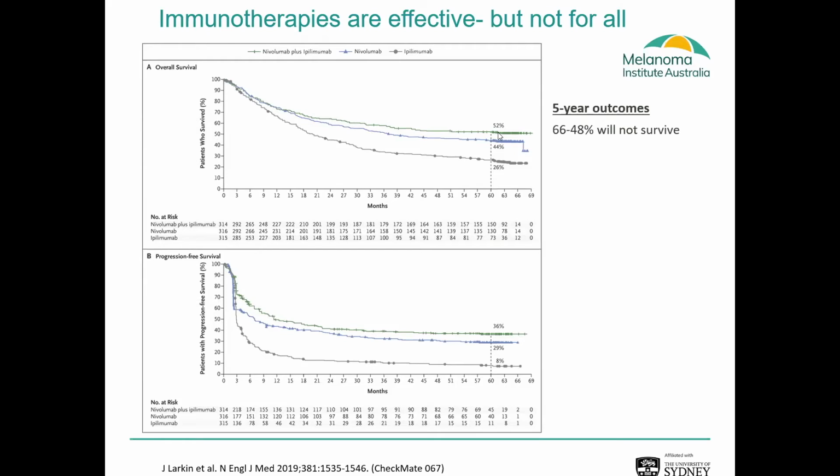That's a great achievement, but it also raises the important question that up to 48% of patients are dying within 5 years, even with these highly effective treatments. And that's compounded by the fact that the majority of patients treated with these inhibitors will still recur, the disease will come back, and these patients need another type of therapy to try to induce a long and durable response.